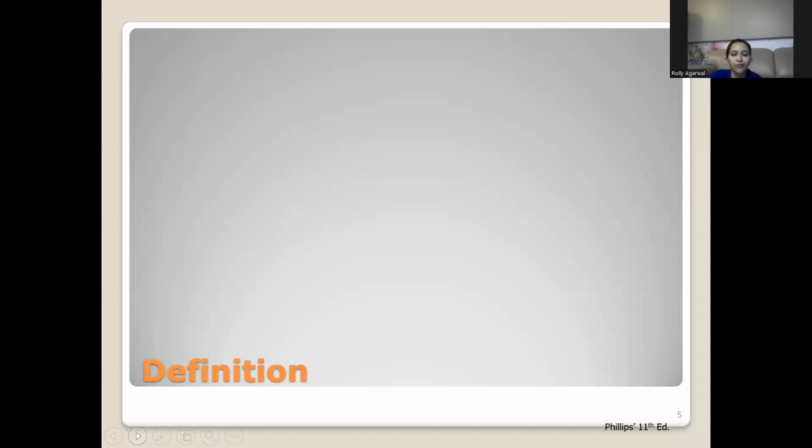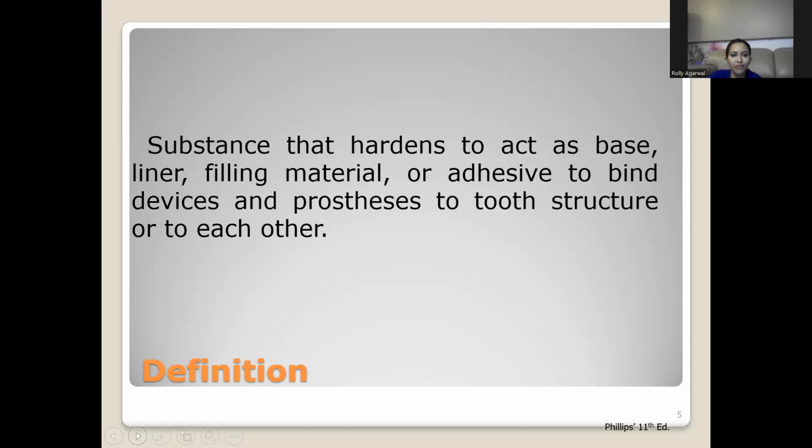So to start with, first of all, we will look into the definition. So what is a cement? Cement is a substance that hardens to act as a base, liner, filling material, or adhesive to bind devices and prostheses to tooth structure or to each other.